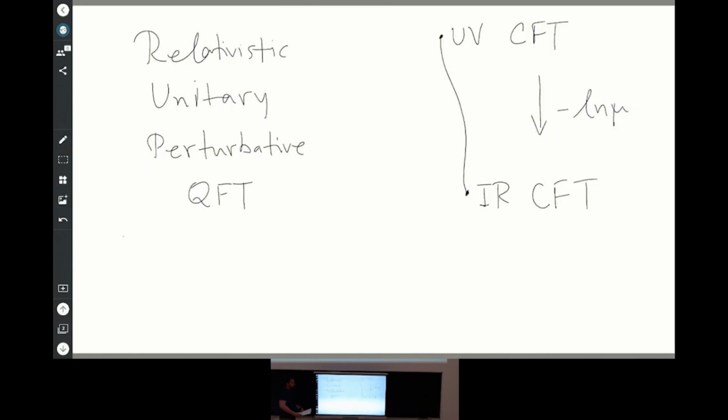Okay? Now, this is a very simple picture, and it's of course a cartoon, but the question is, what are the possible endpoints of this RG flow, and can we make general statements that constrain what they might be? Okay? For example, could it be that you start from some UV CFT, and then you perturb similarly, but then when you reach the IR, maybe you go to something like a limit cycle or something like this.